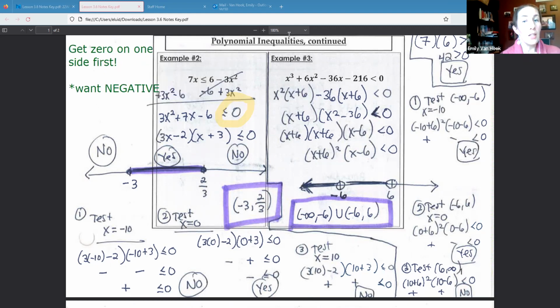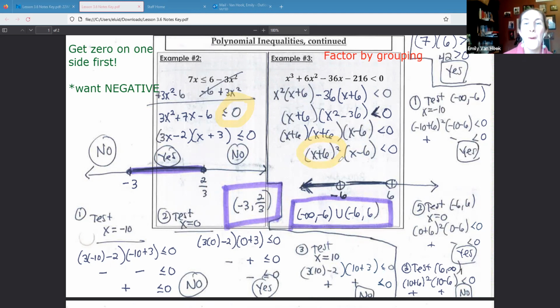For example 3, this one is a little bit weird because it doesn't follow the usual pattern of alternating intervals. Notice how we'd have to factor by grouping for this one. So I'm just going to type that out, factor by grouping. And then by the time we're done factoring, notice that you have 2 of the same factors, x plus 6, x plus 6. You can write it as x plus 6 squared. That throws off the whole pattern of alternating intervals.